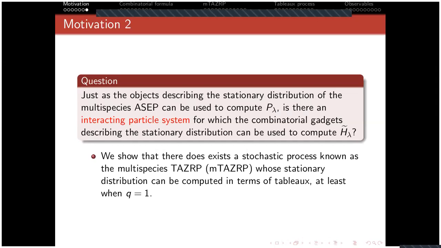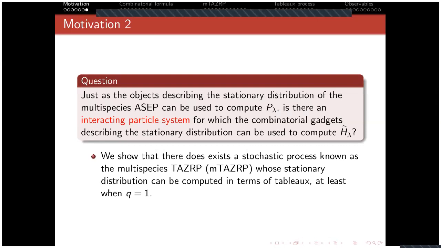So the multiline queues used for describing the multi-species ASEP could be used to compute the stationary distribution of the multi-species ASEP.